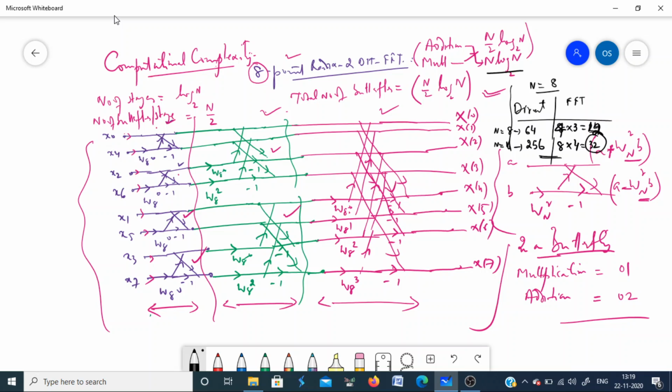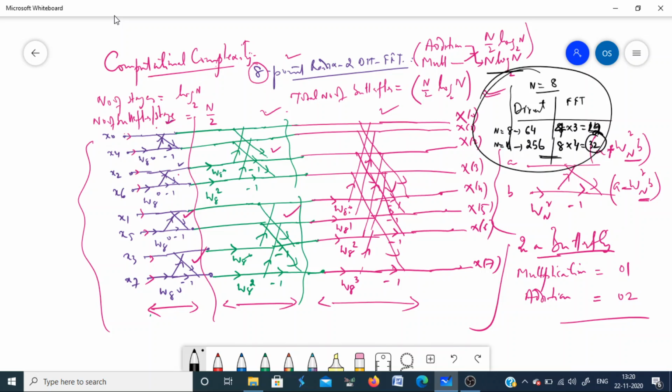So that is why this algorithm is computationally more efficient compared to the direct computation of DFT, because the number of multiplications and additions required to compute the DFT is reduced. And this is basically how the speed is improved, because when you implement this algorithm on your DSP processor, the speed will depend upon how many operations are required.